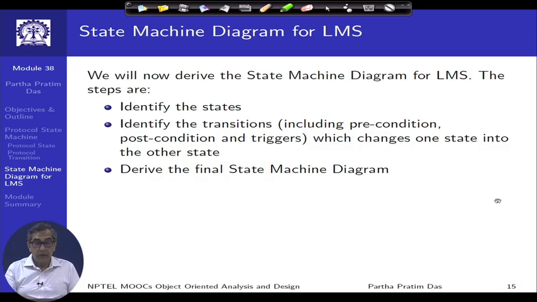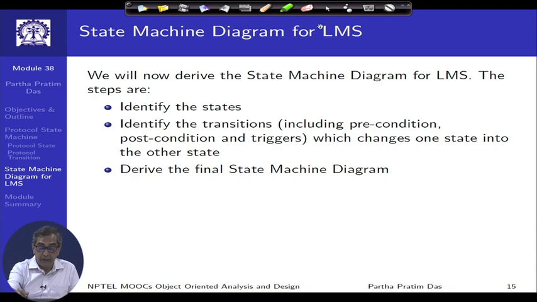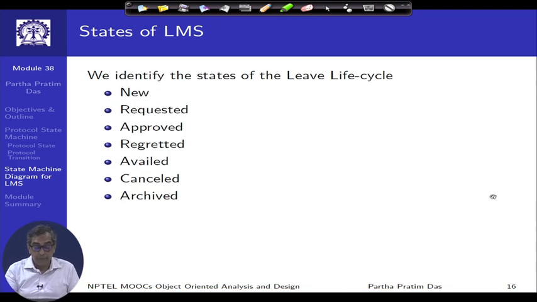So, before we end, we will take a quick look into the state machine that may be important in terms of the leave management system. We certainly need to identify the states, the transitions and the state machine diagram, which we will start with by having a protocol state machine diagram.